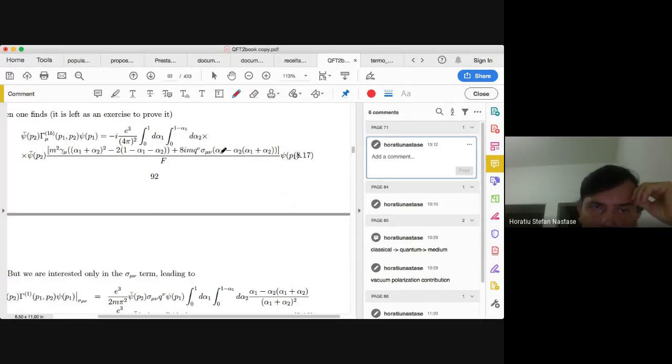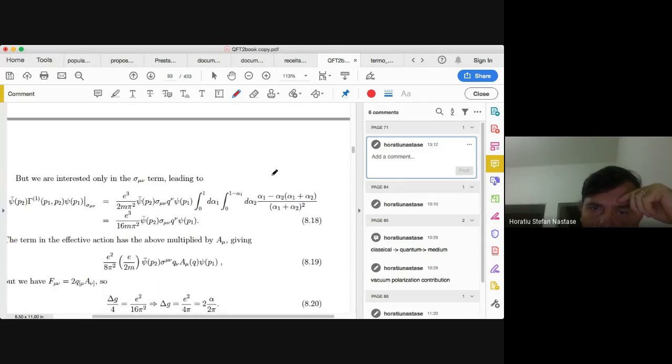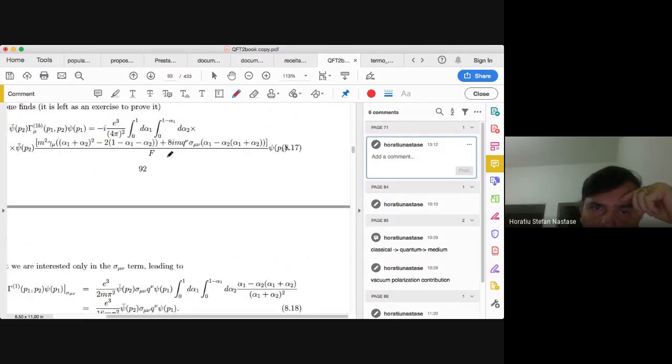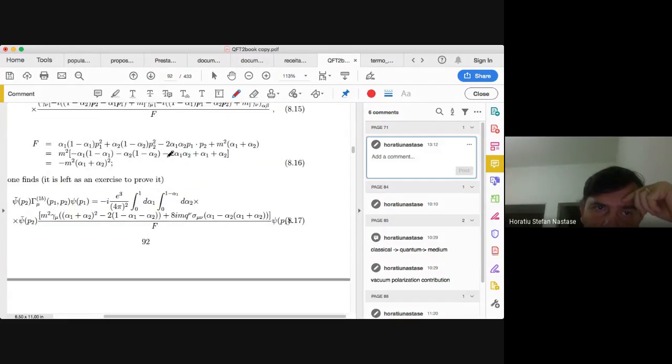So as you see, we have here alpha 1 minus alpha 2 multiplied with alpha 1 plus alpha 2. And this is divided by f, which, as we've seen, was (alpha 1 plus alpha 2) squared multiplied with minus m squared. So one of the m's cancels, and the other divides q nu.